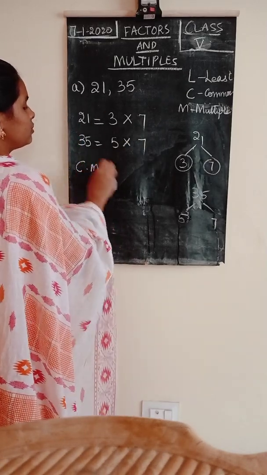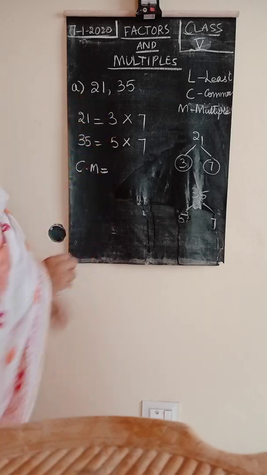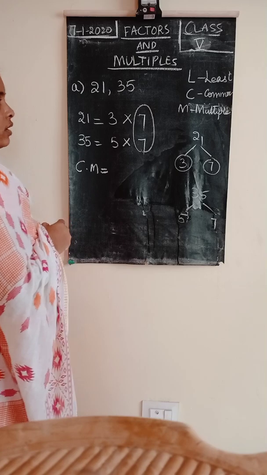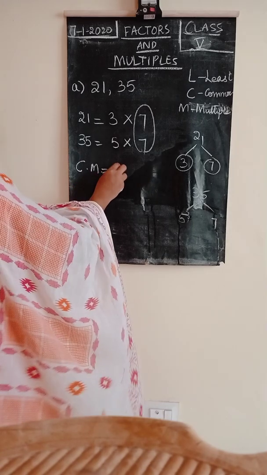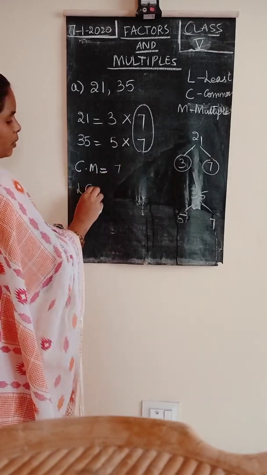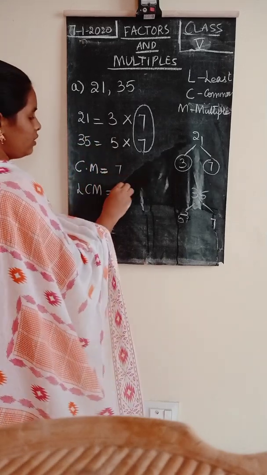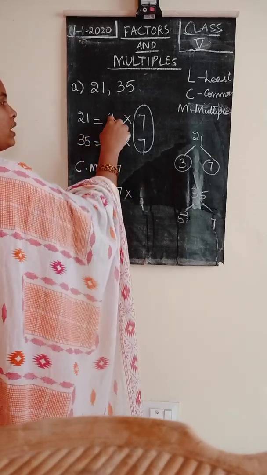What is common here? 7. So, 7 is common. How to find the least common multiple?